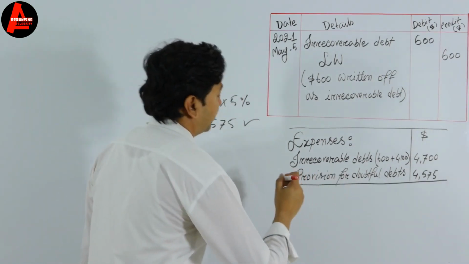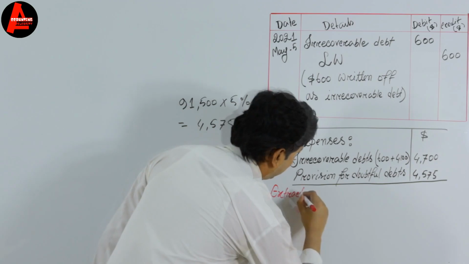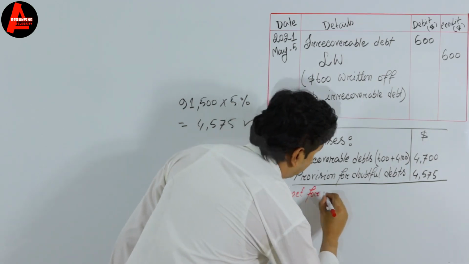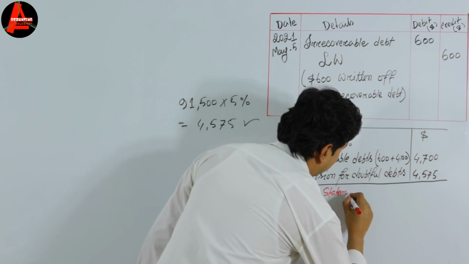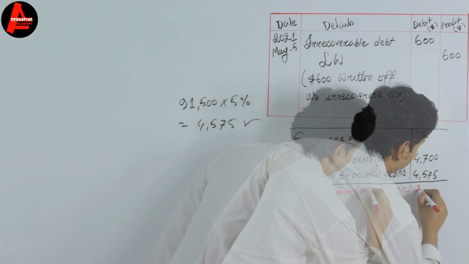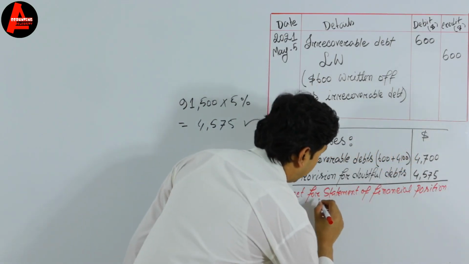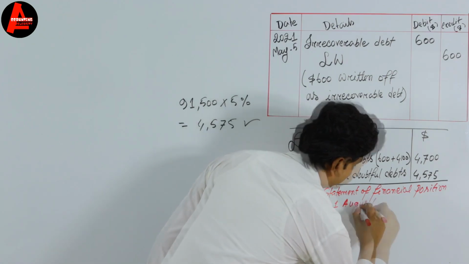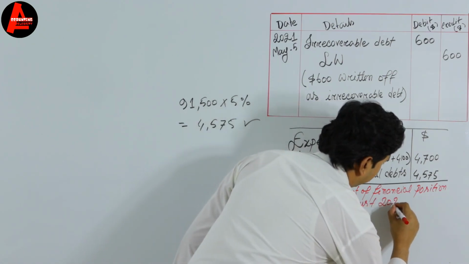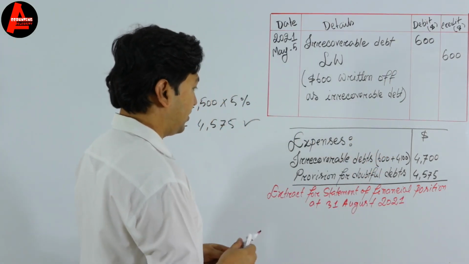First of all, let us write here extract from statement of financial position. We will prepare it at 31st August 2021. Let us draw a table.